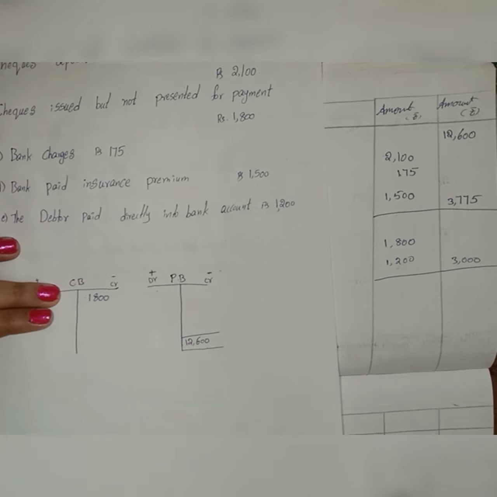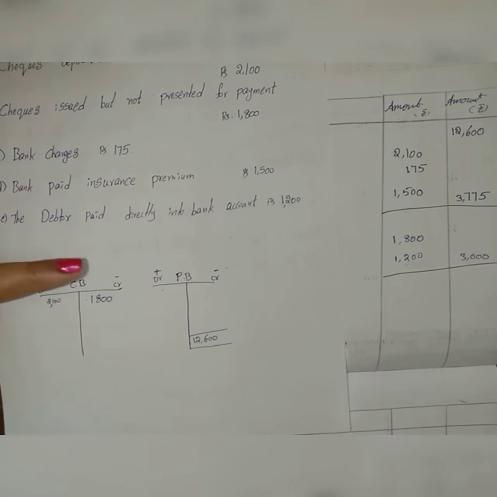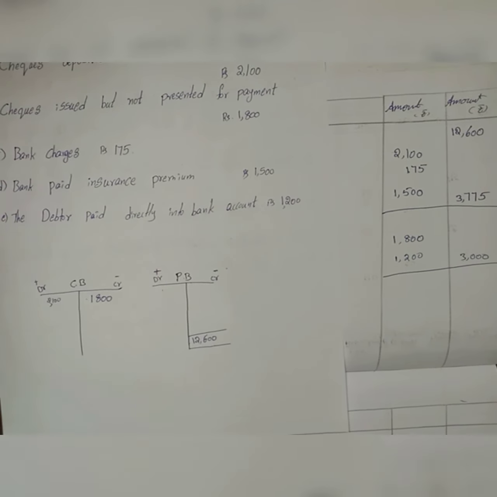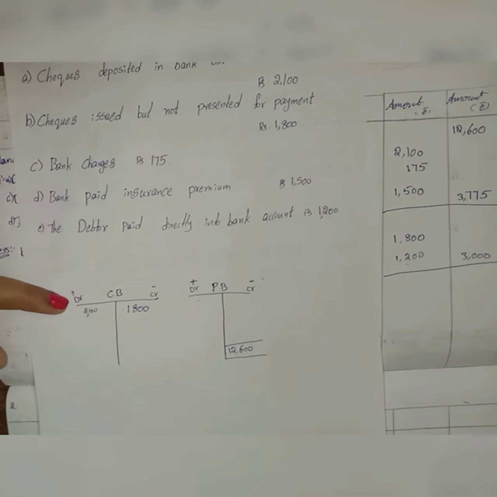According to the cash book, debit what we collect, credit what we pay. It's simple: in the cash book, whatever we have collected, a check or money, we debit, and what we have paid we credit. In the same way, the passbook is opposite to the cash book.